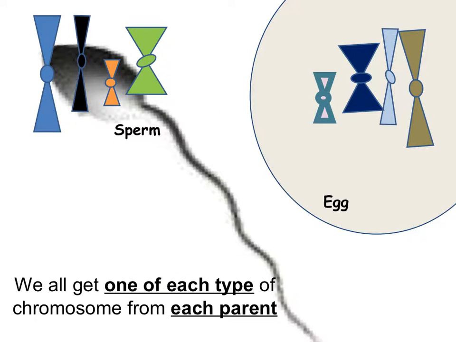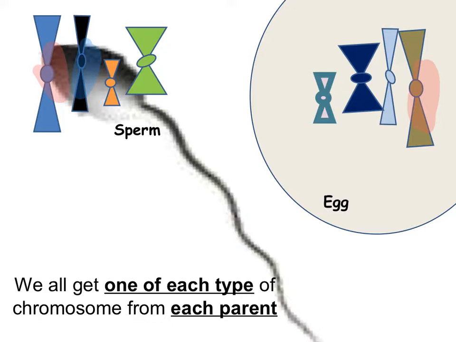Now, where did these 2 come from? Well, they actually come from each of your parents, or in the case of the tarsier, its mom and dad. So of the 4 different types of chromosome, dad gave you one type, mom gave you the homologous chromosome of that type.